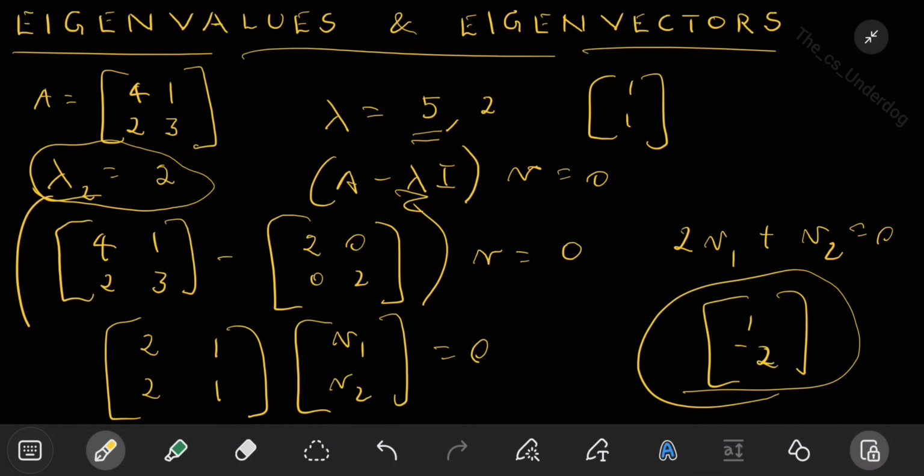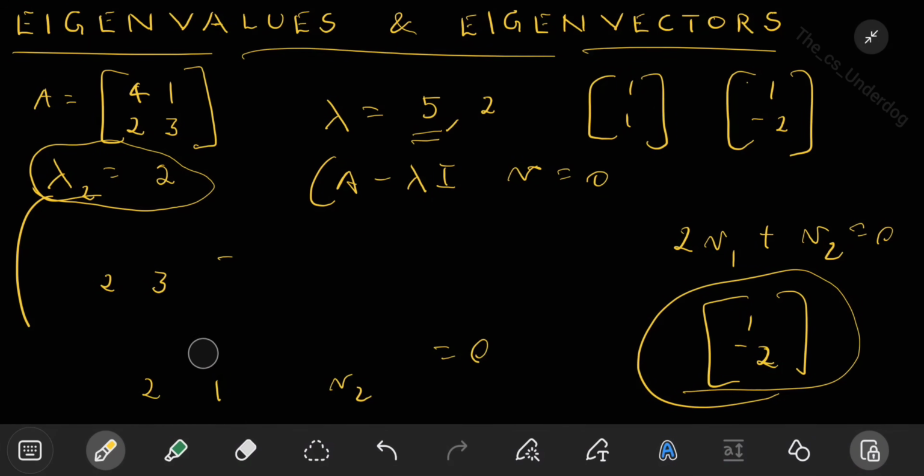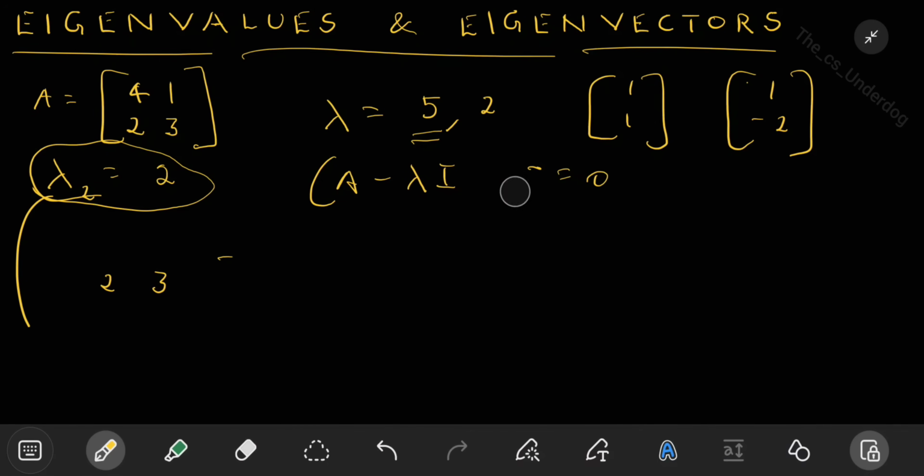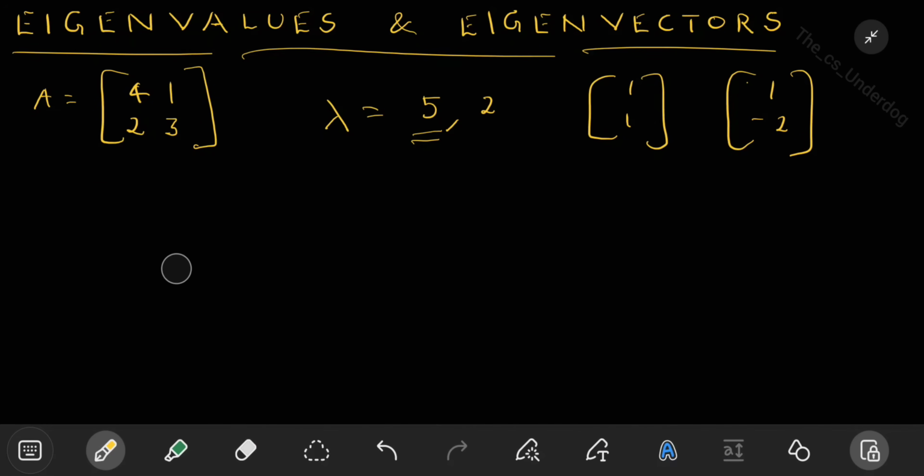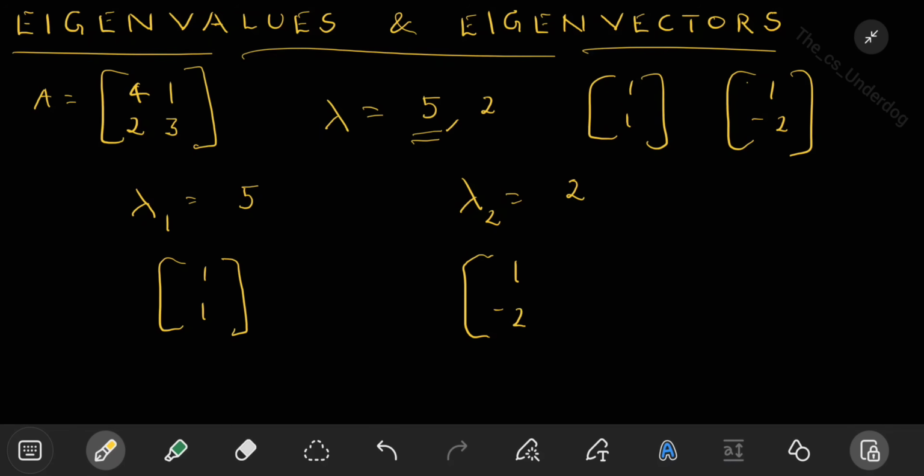So the other eigenvector is 1, minus 2. You got 2 eigenvectors and 2 eigenvalues. Corresponding to the eigenvalue 5, you have the eigenvector 1, 1, and corresponding to the eigenvalue 2, you have the eigenvector 1, minus 2.